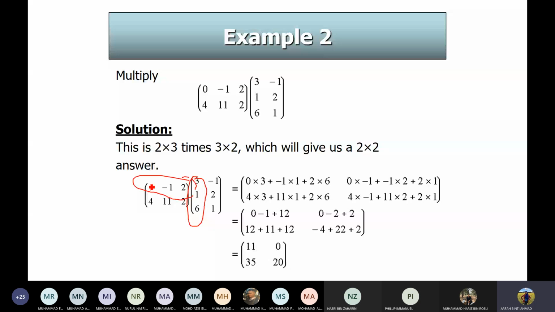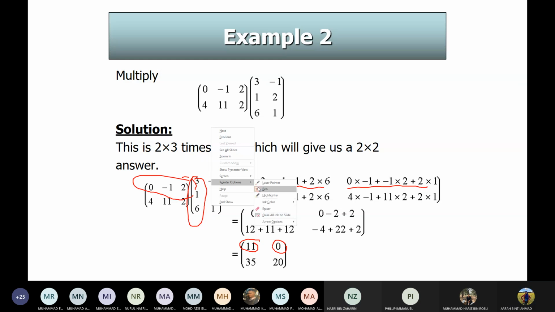So 0 darab 3, negatif 1 darab 1, tambah 2 kali 6. That is why you are going to have 11. So yang kedua 0, negatif 1, 2 darabkan dengan negatif 1, 2 dan juga 1. This one. That is why you are going to have 0.